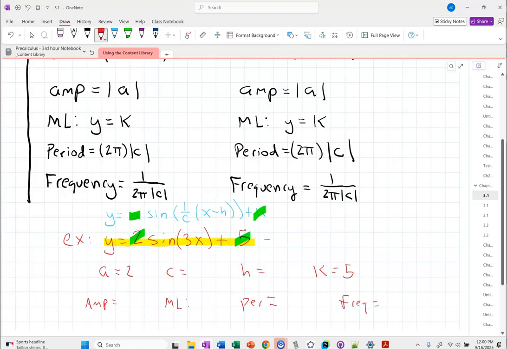So to make it easier on myself to see that C and see that H, I'm going to start by rewriting sine 3x so that it looks a little bit more like that general form equation.